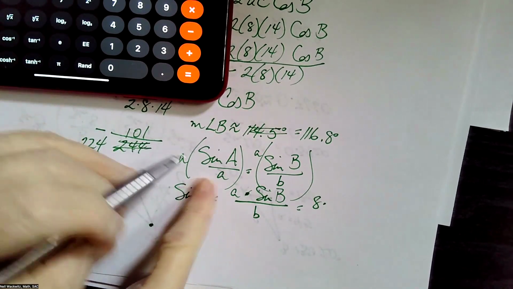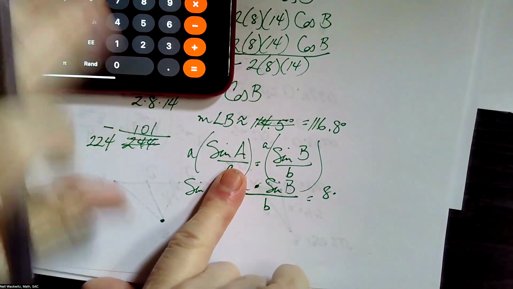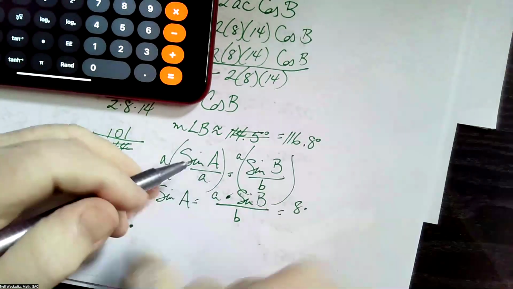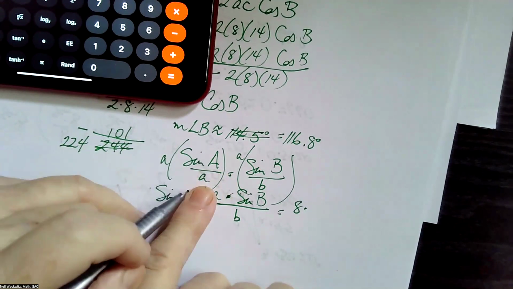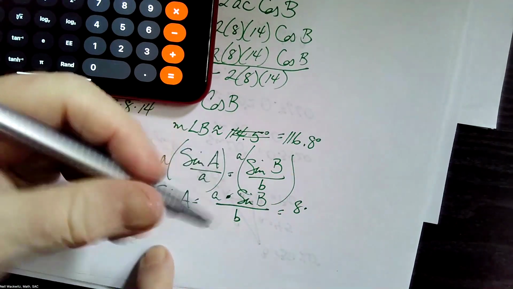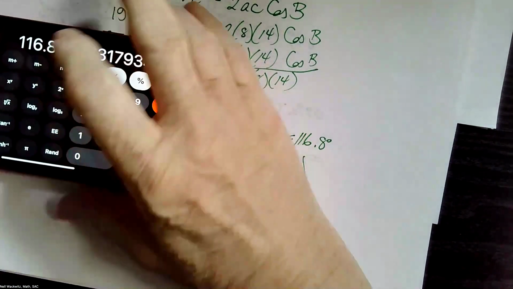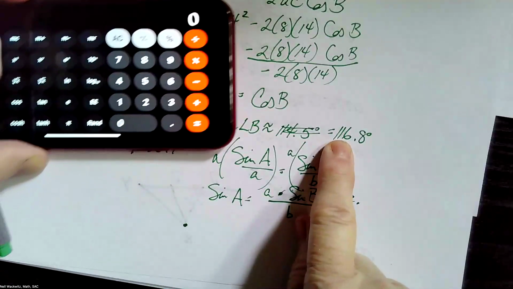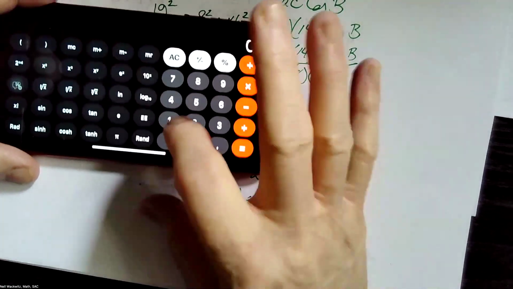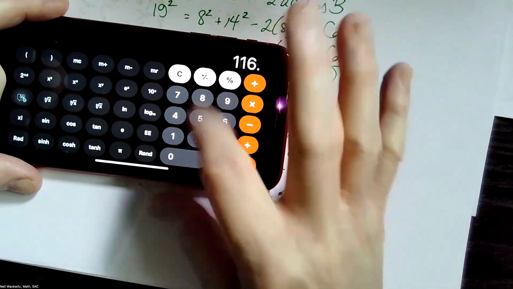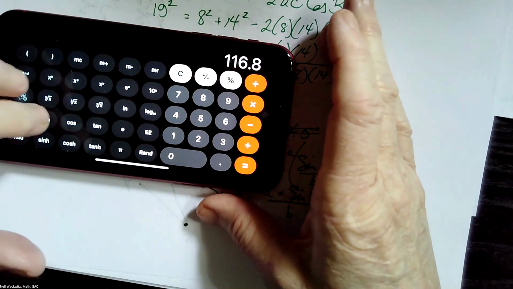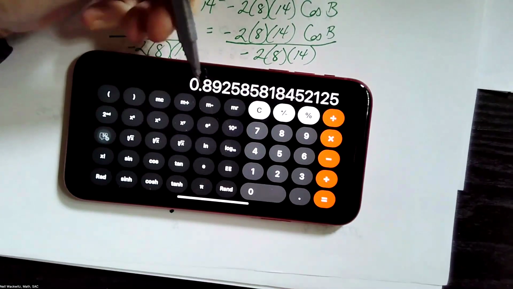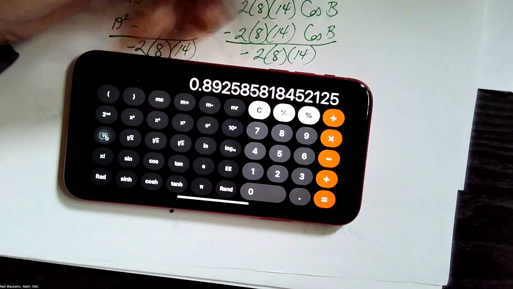to find side A, since why not start with A because it comes before C. Sine A over little a, sine B over little b, and we wanted to find an approximation of the sine of 116.8, and it's not as much fun as the one before, but it'll be 0.8926.